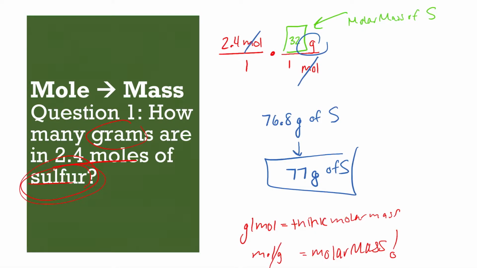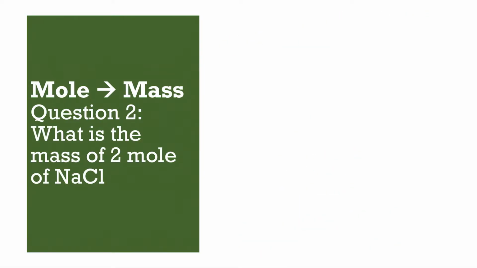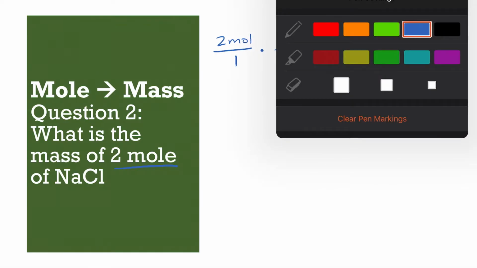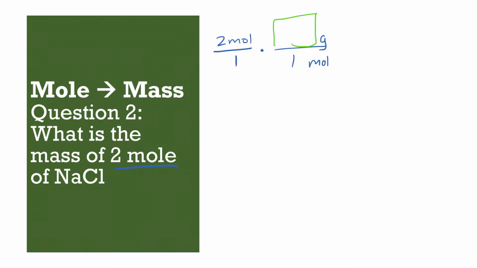But that's okay. Anyway, next, what is the mass of 2 moles of NaCl? So 2 moles is what we are starting with. Put it over 1. Now we need moles to go on the bottom, grams to go on top. And then right here should be the molar mass of NaCl. Now we have to figure that out because we don't know that right now.